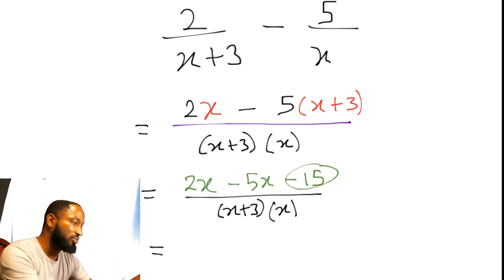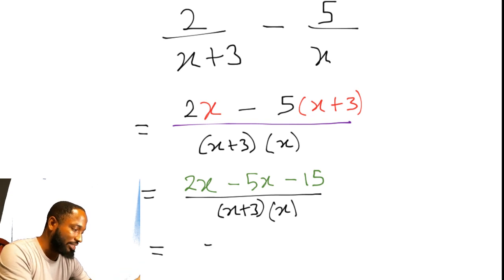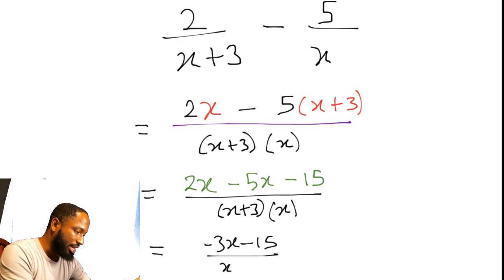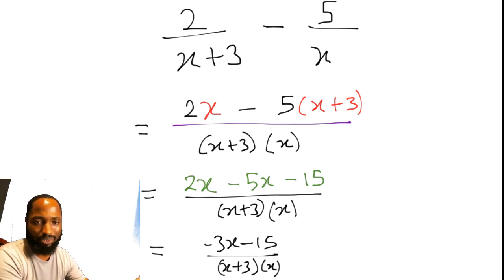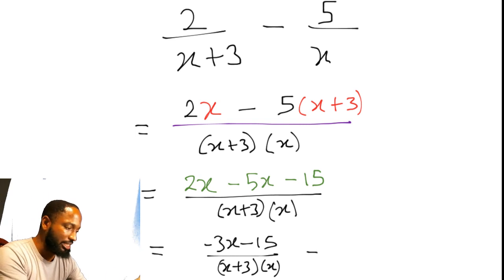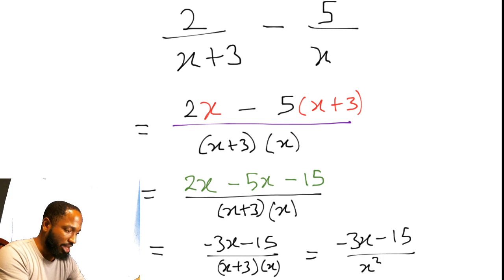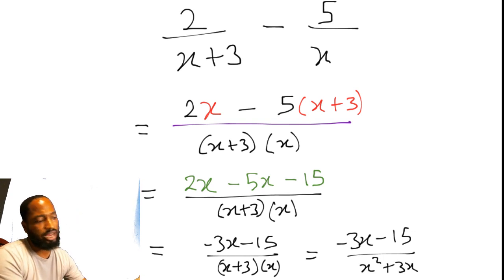This 15 has nobody to roll with. So 2x take away 5x is negative 3x, negative 15 over x plus 3 by x. Now we could simplify the denominator a little bit, multiply into the denominator, and you get negative 3x minus 15 over x squared plus 3x. And that's the final answer.